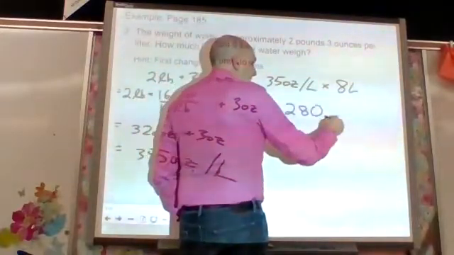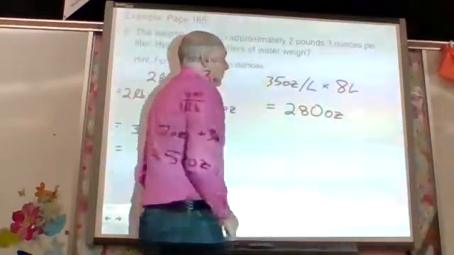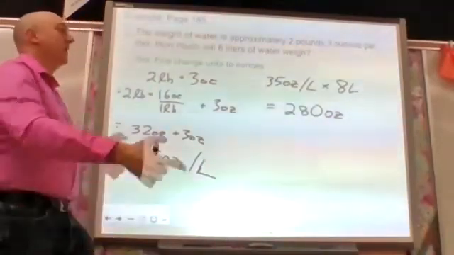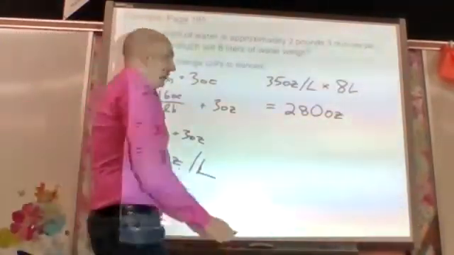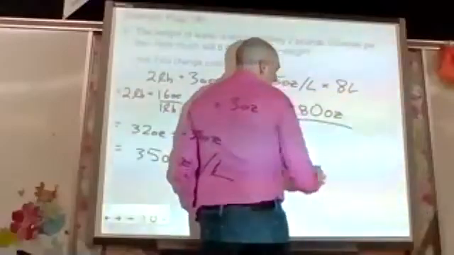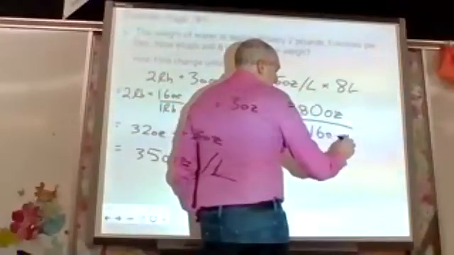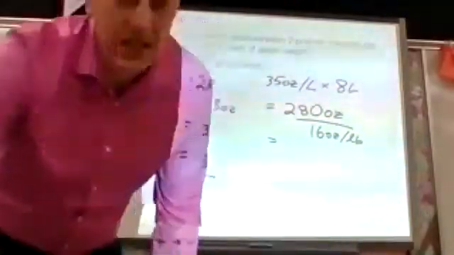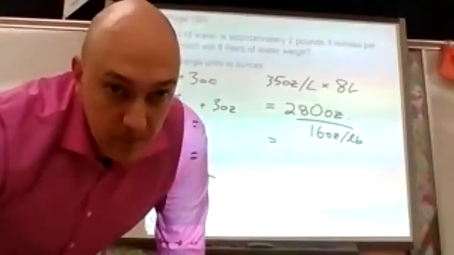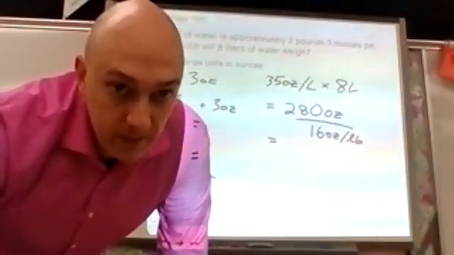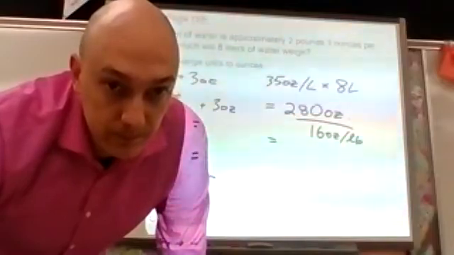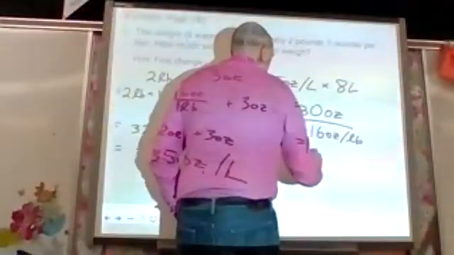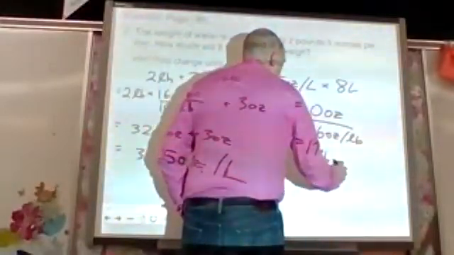280 ounces. And we're going to take that 280 ounces and convert it back into pounds and ounces. So we're going to divide it by 16 ounces per pound. 280 divided by 16 is 17.5 pounds.